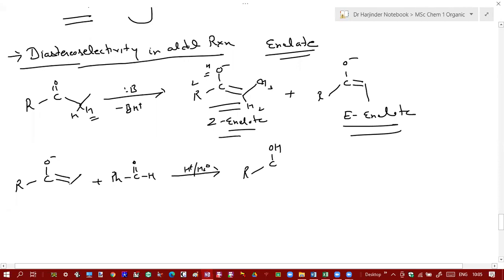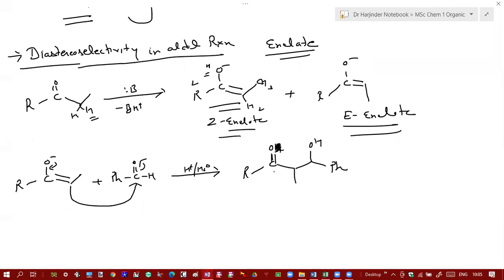This will become OH, and this carbon goes over here, and this negative charge will attack this carbonyl group, and this will become OH. So how many stereo centers are formed in this product? One, okay, where? The OH carbon. Yes, this stereo center is formed.